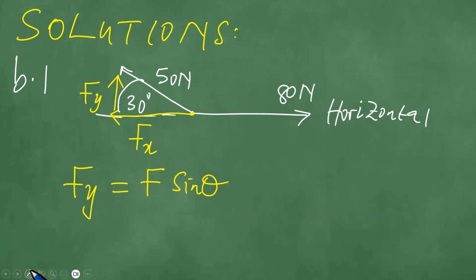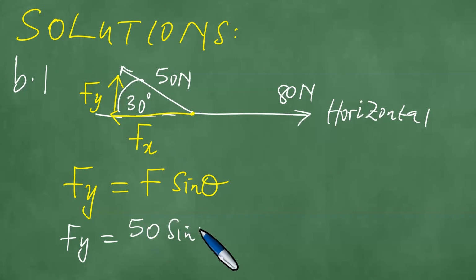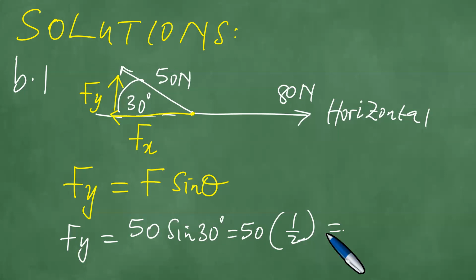So what is the meaning of all this? Fy is actually 50 newtons times the sine of 30 degrees, which is 50. Sine of 30 degrees is exactly 1/2.